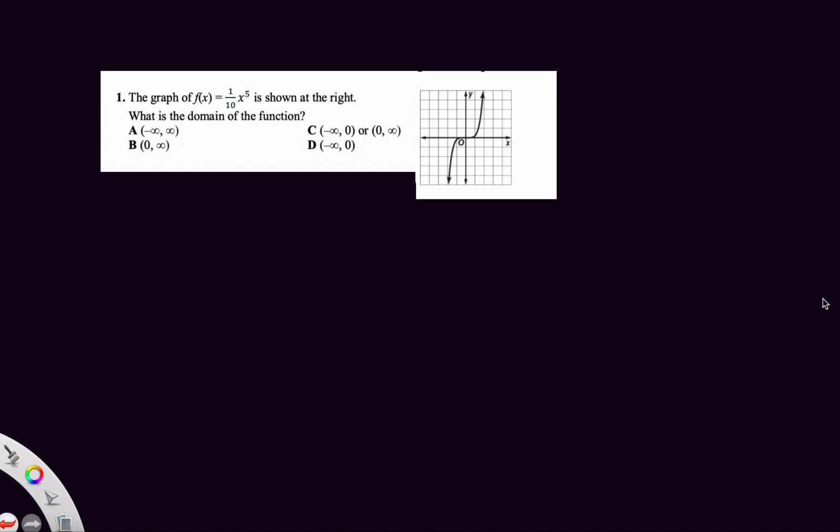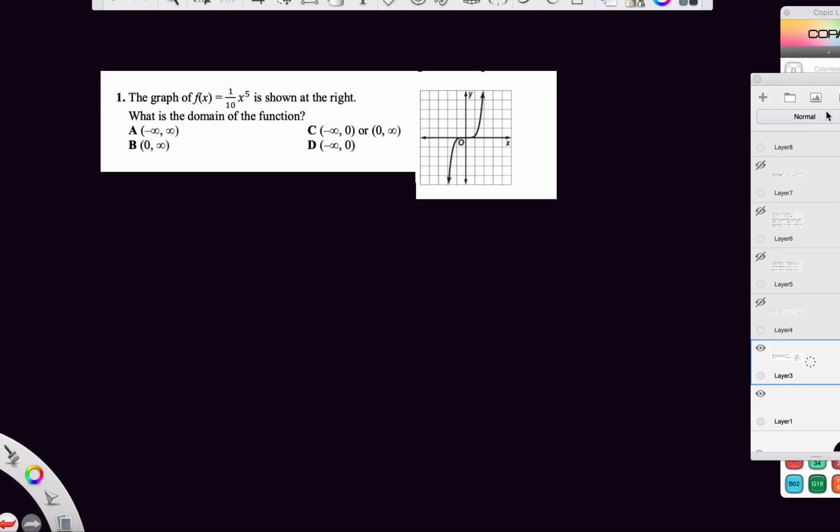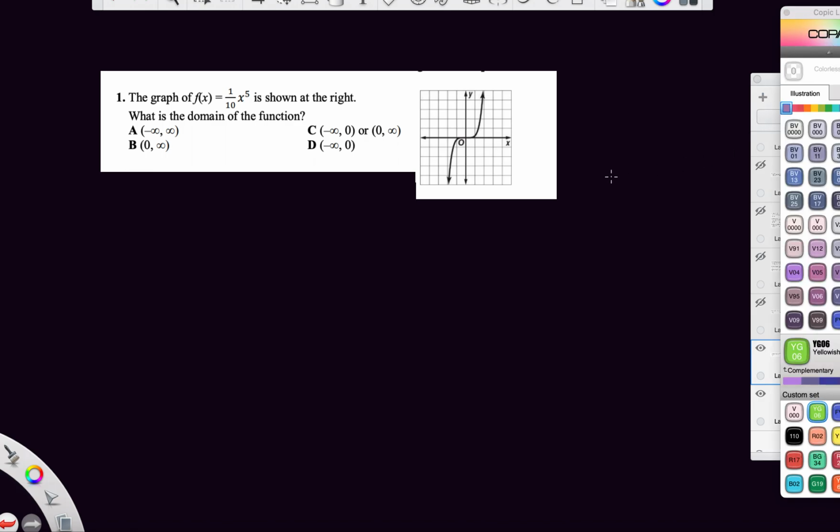This first problem is easy. All you're doing is looking at the graph. The graph of f of x is 1/10 x to the 5th. It looks like this, right? And what is the domain of the function?